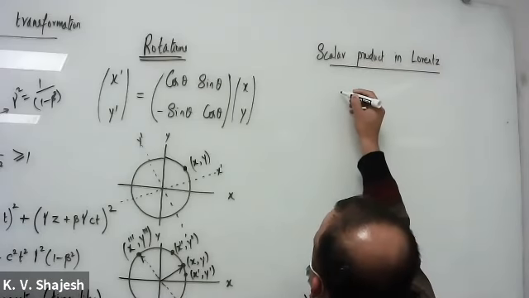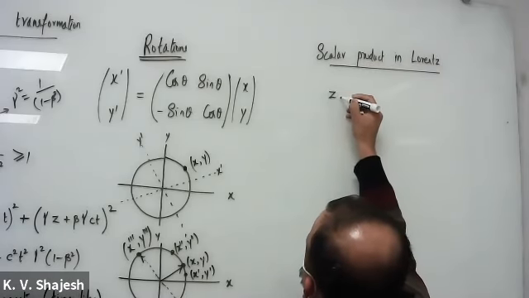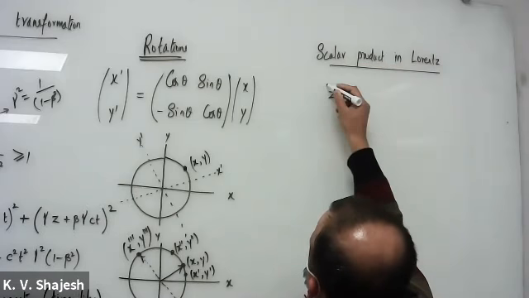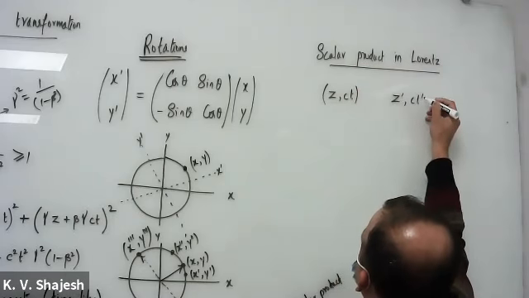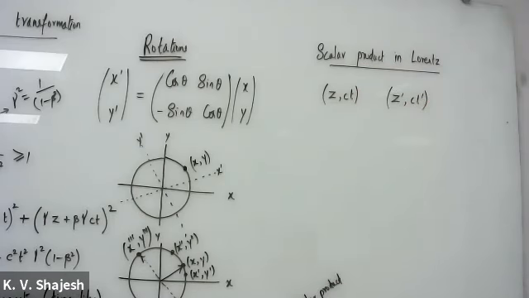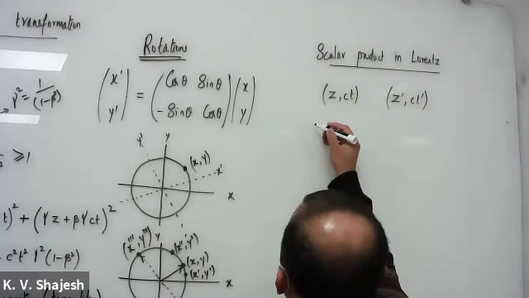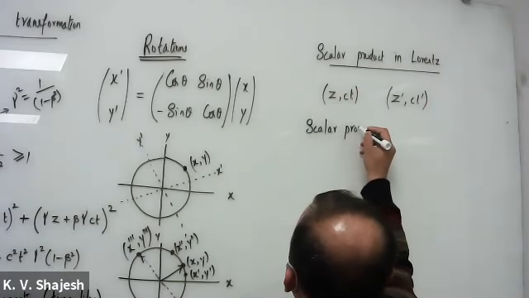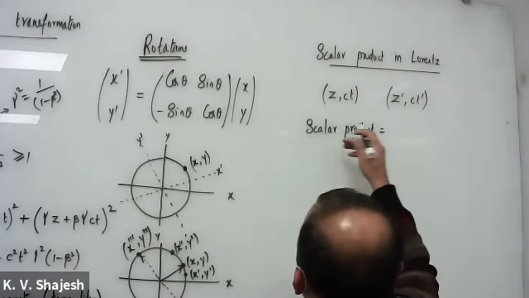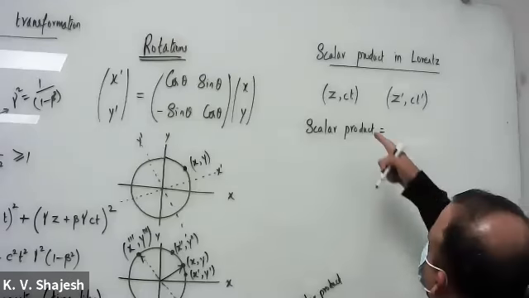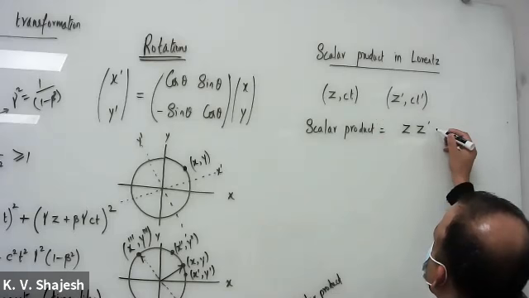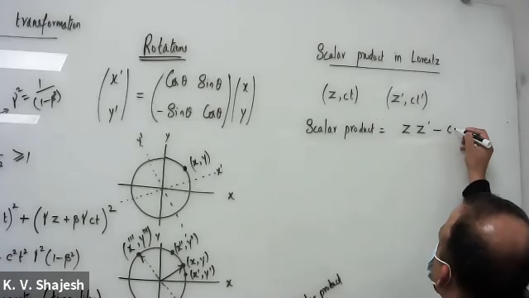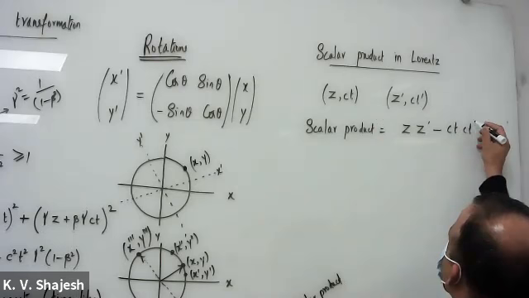If I have two vectors, Z, comma, CT, and another vector, Z prime, comma, CT prime, my dot product will be, and we will have a notation for this very soon, equal to Z times Z prime minus C times T times C times T prime.